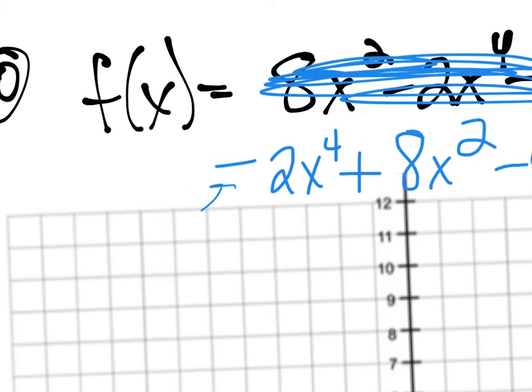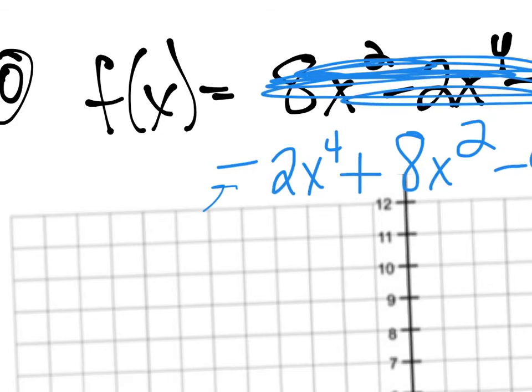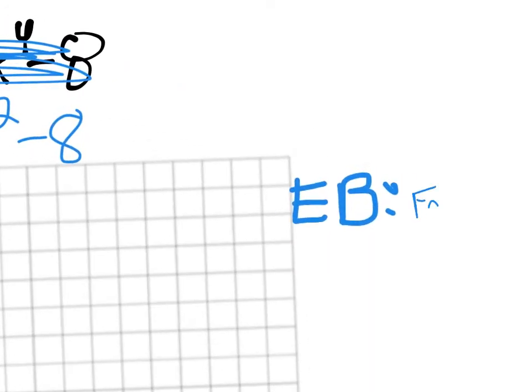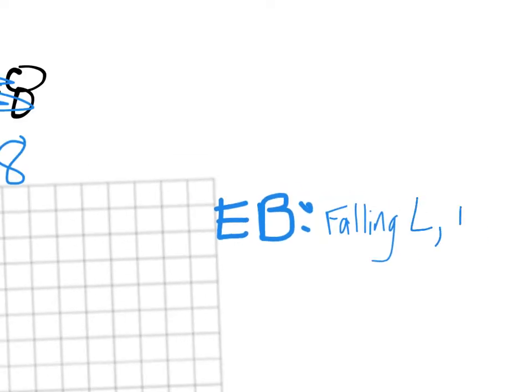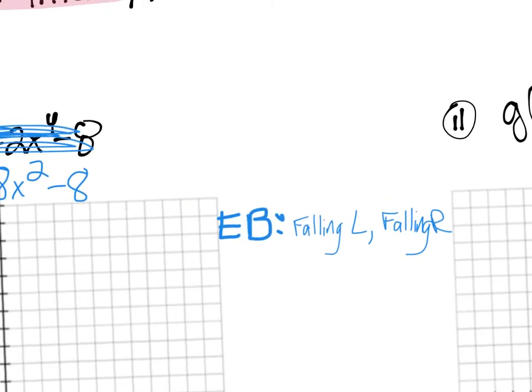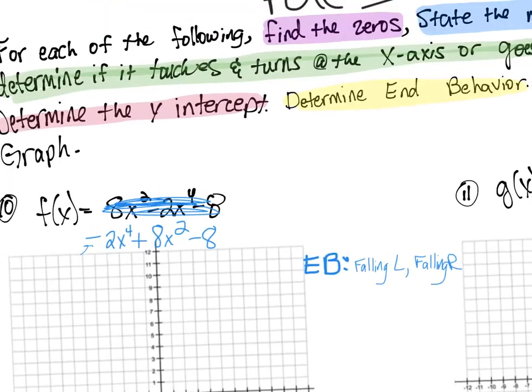Is that a positive or a negative number? Negative. That means both the arrows are going down. So it's falling on the left and falling on the right. First thing you need to determine, that's going to help you graph, guys. You need to know it's falling on both sides.